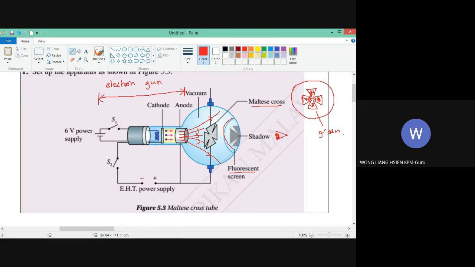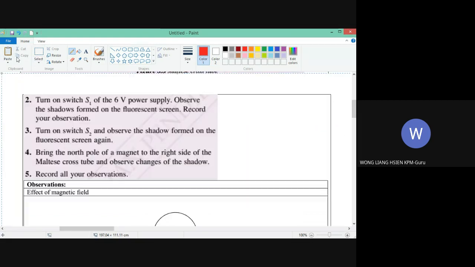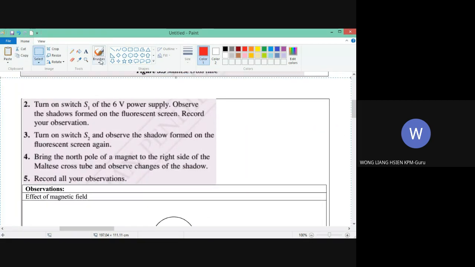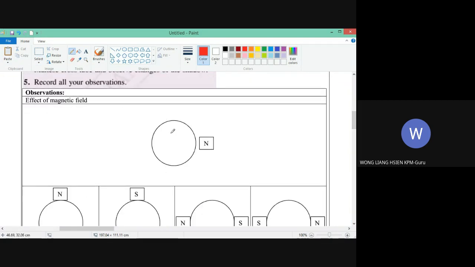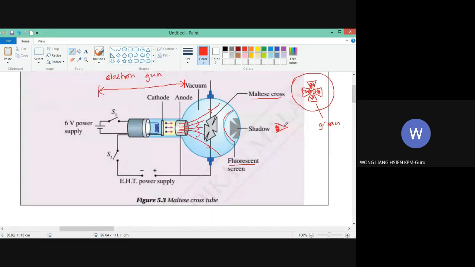So we put a magnet. What we do first, this is the view from the front. This round is here, because you look from the front.